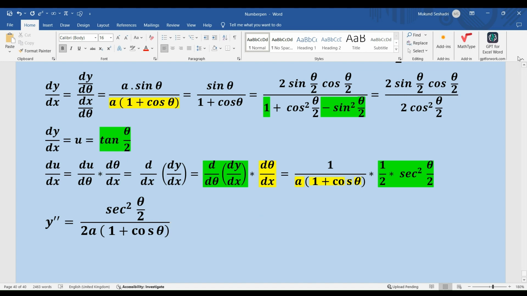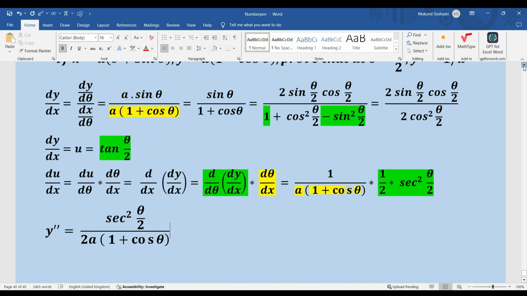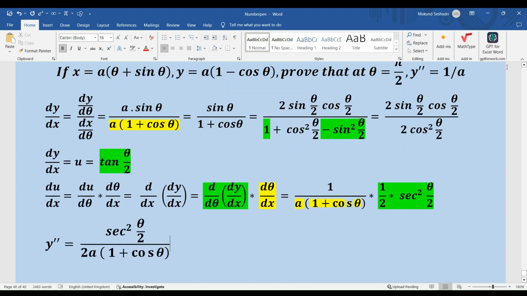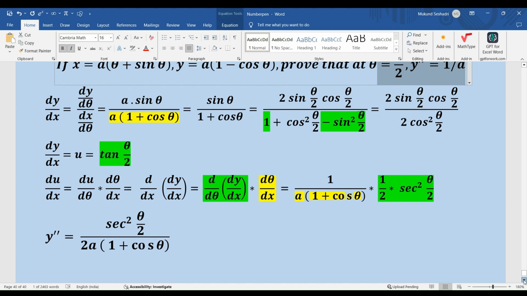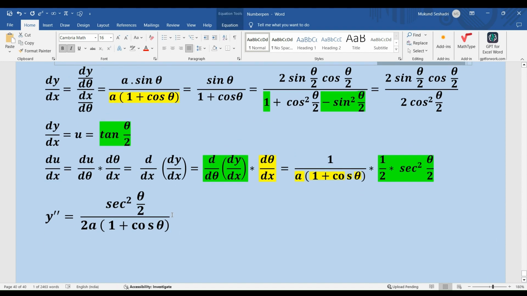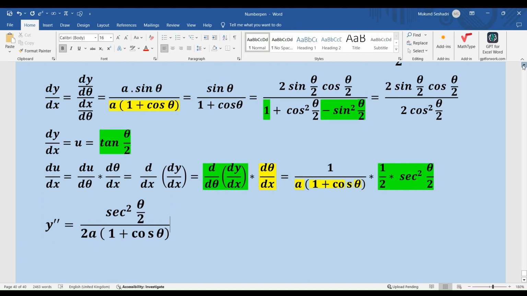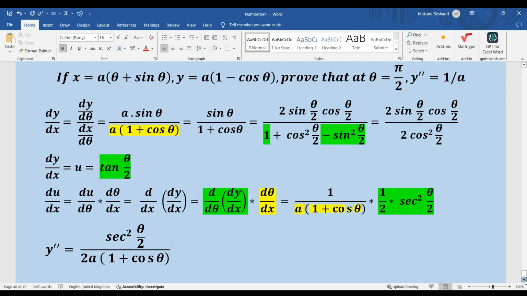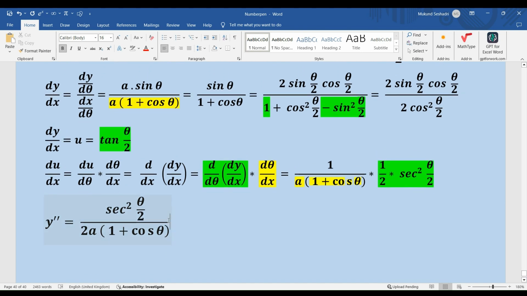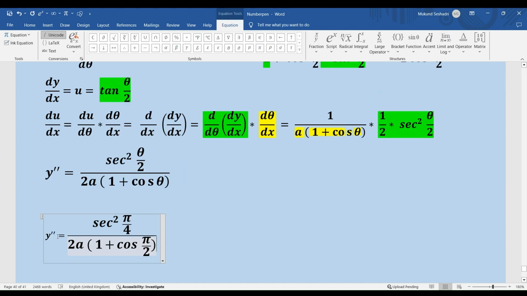Now, going back to the question, we've been asked to prove that at theta equals pi by 2, my y double dashed is equal to 1 by a, right? So all that I need to do is substitute my theta as pi by 2, right? So what do I get? At theta equals pi by 2, let's move to the next line. So this is my y double dashed at theta equals pi by 2, right?